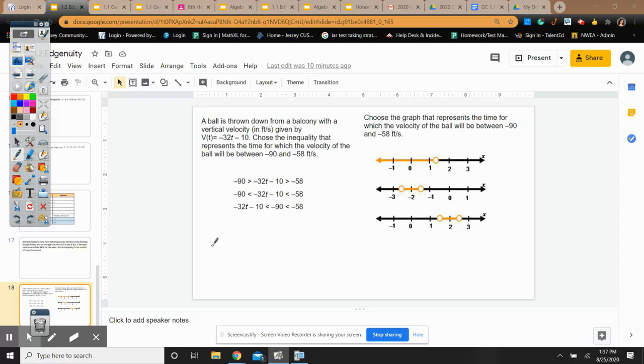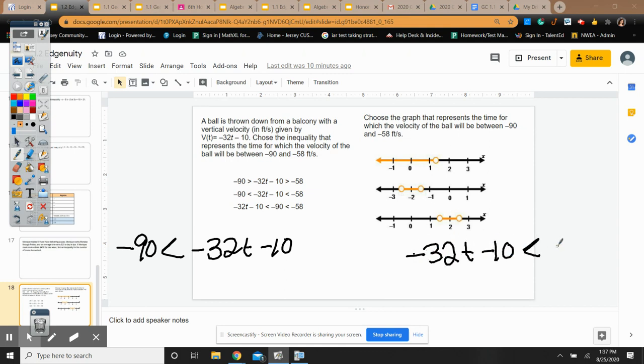You can separate this into two separate inequalities, -90 less than -32t minus 10, and, it's not an "or" at all, it's an "and," -32t minus 10 less than -58. And it looks like you don't have to solve both of them. You know it's not this one because it's going to be an "and," so it's got to be one of these. So you can pick the one you want to solve and see because it's multiple choice here.